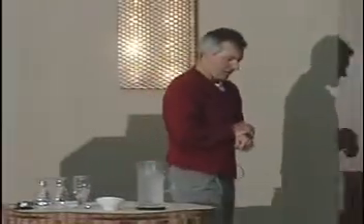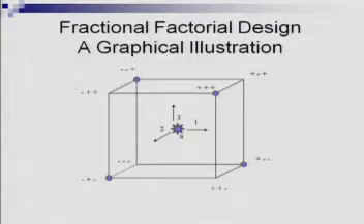So let's end by talking a little bit about block design and factorial design and fractional factorial design. What I have here is a depiction of a fractional factorial design wherein I'm thinking that there are 3 experimental variables.